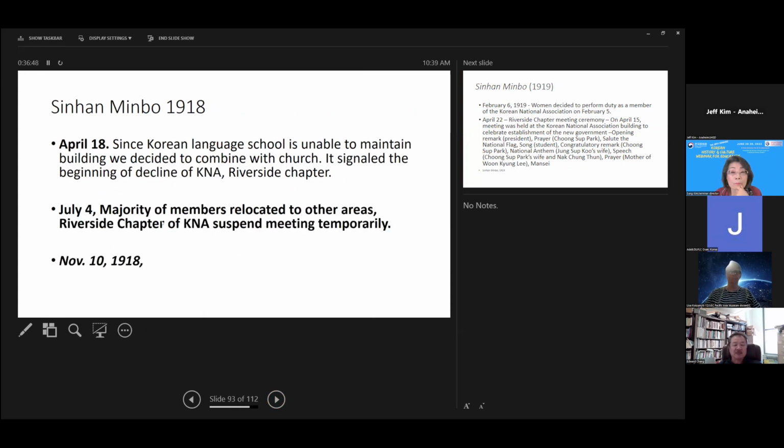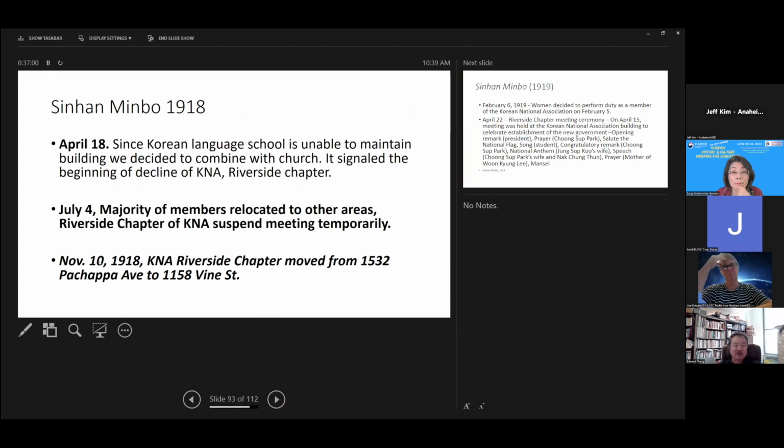On July 4th, the majority of members relocated to other areas, and the Riverside chapter of the KNA suspended meetings temporarily. Finally, on November 10, 1918, the Korean National Association Riverside chapter decided to move to nearby 1158 Vine Street, which ends the Pachappa camp era.